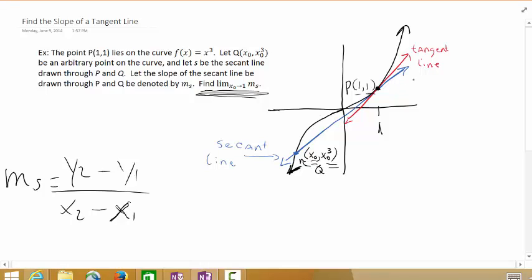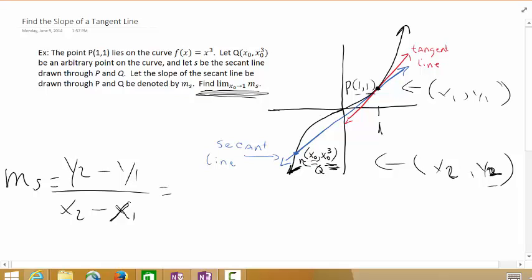We see the first point here. We'll call it x sub 1, y sub 1, since that is our actual fixed point. And the arbitrary point that we have here for Q, we'll call it x sub 2, y sub 2. And we're just going to do some substitution inside the formula for calculating slope. So if we identify our y sub 2 here, in our case, it represents our x sub 0 raised to the third power.